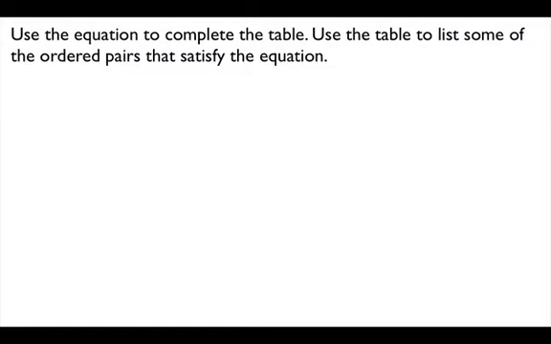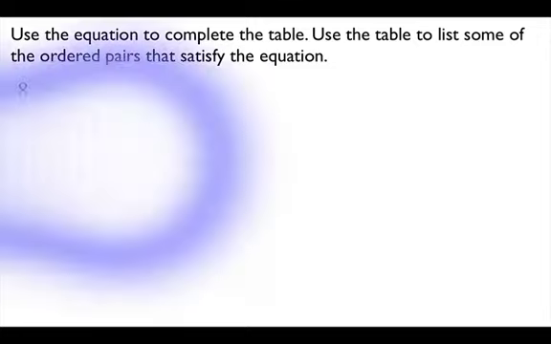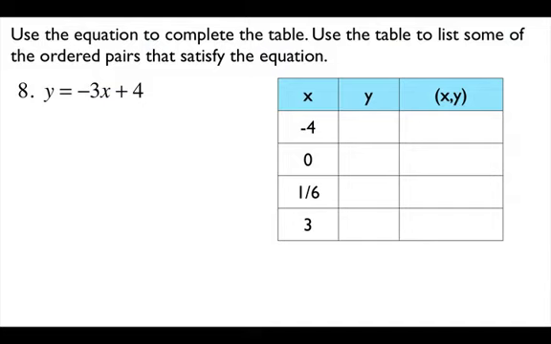It says use the equation to complete the table. Use the table to list some of the ordered pairs that satisfy the equation. So here's the problem. This is a table that they're talking about. So you're going to have to give me a y value when x is equal to -4, y value when x is equal to 0, and you get the point. Once you have the x and the y value, you just express it as an ordered pair.